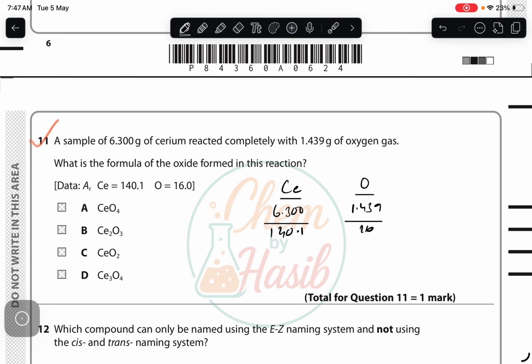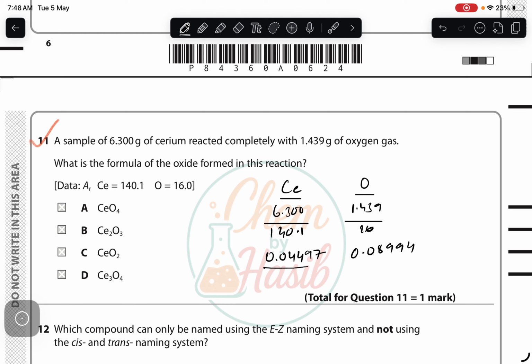So if you divide them, 6.3 divided by 140.1 will give you 0.0449797, and 1.439 divided by 16 will give you 0.08994.